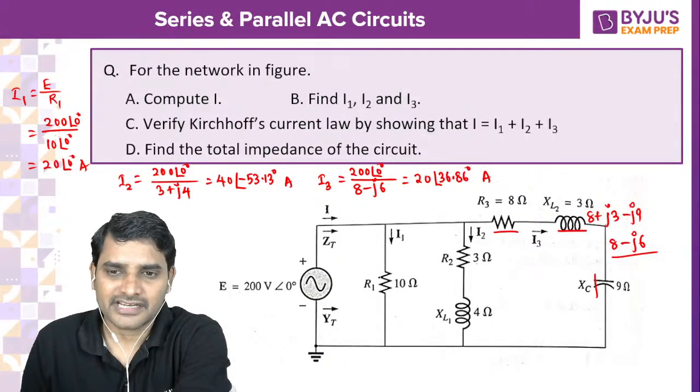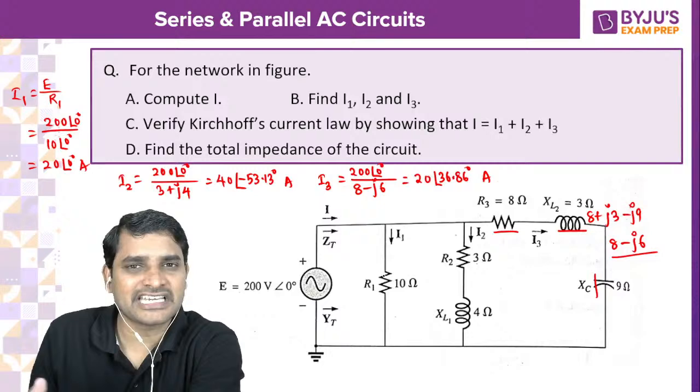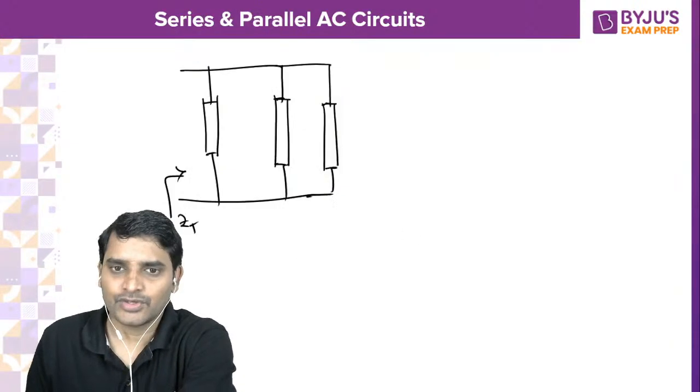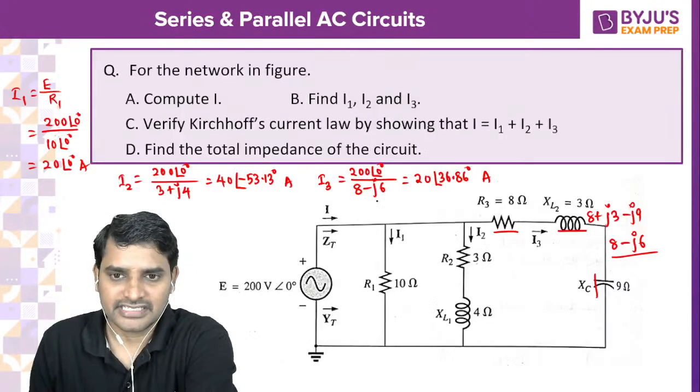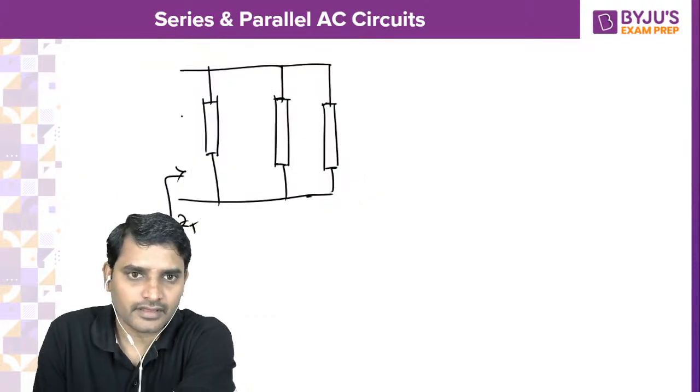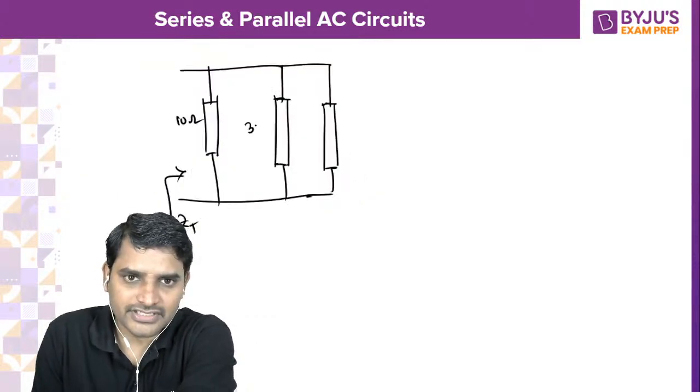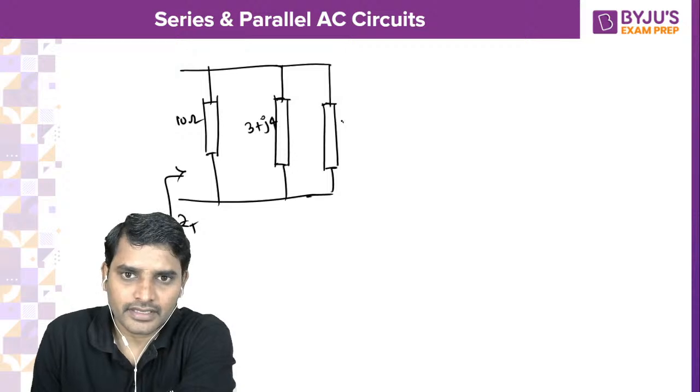I am going for admittance because there will be so many j terms in the calculations. I'll show you both. Z1 is 10 ohms, Z2 is 3 plus j4 ohms, Z3 is 8 minus j6 ohms.